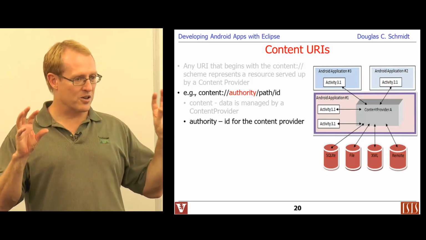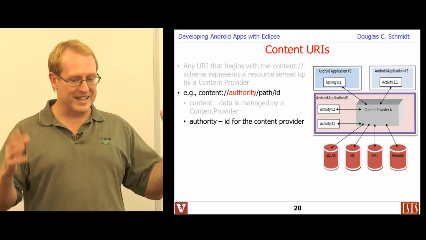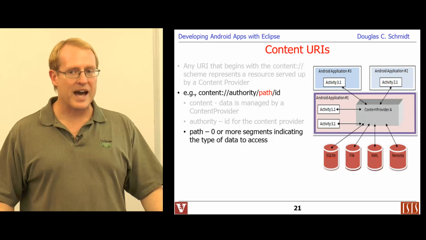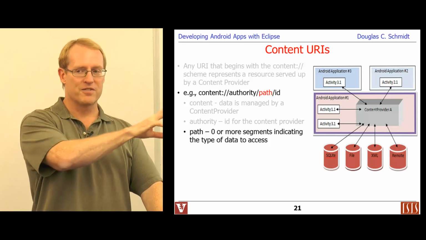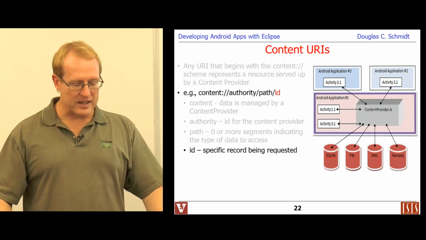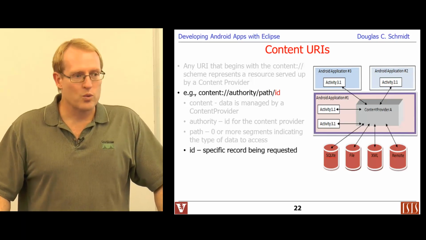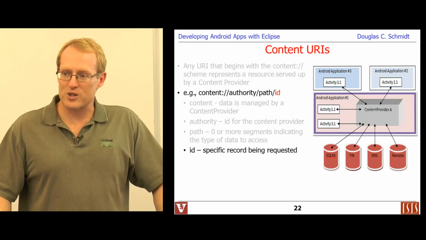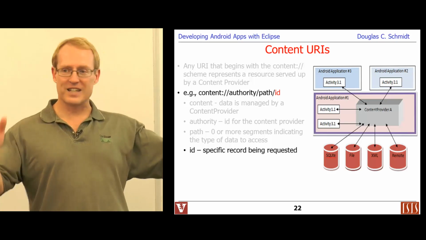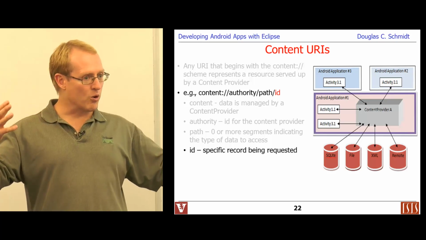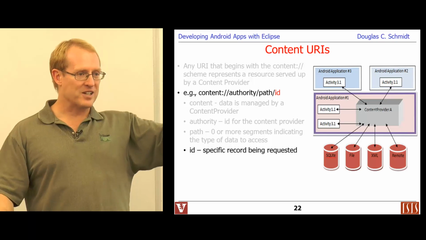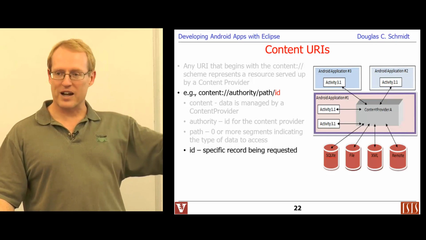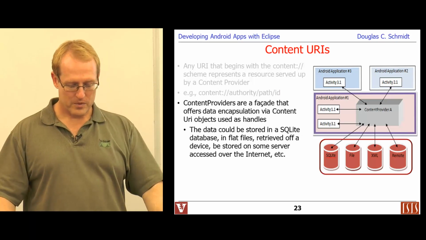It says the particular content provider identity, if you will. Then the path, which is kind of like a path name, a nested hierarchy of steps. And that finally culminates at the very end with the specific ID of the resource you're trying to access. So that's kind of like a file at the end of a path name. Or if you type out a URL, it's like blobbity-blobbity-blop dot or index.html, which provides you with the final piece of the puzzle.